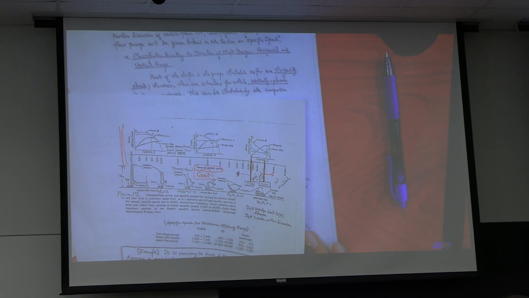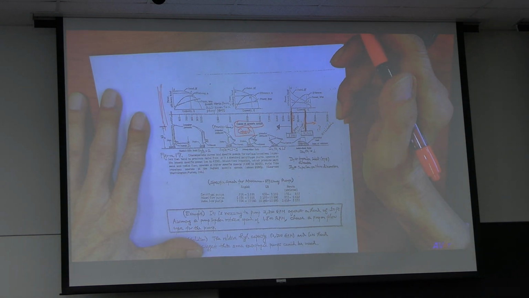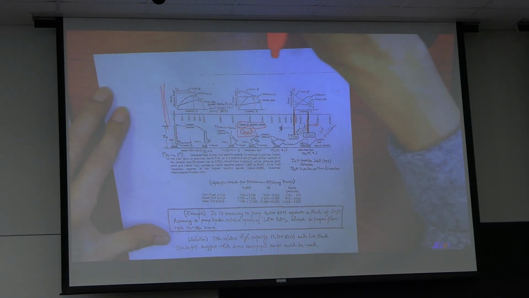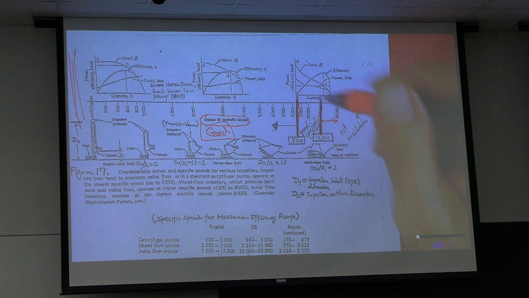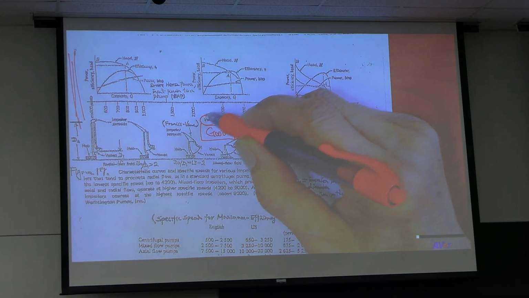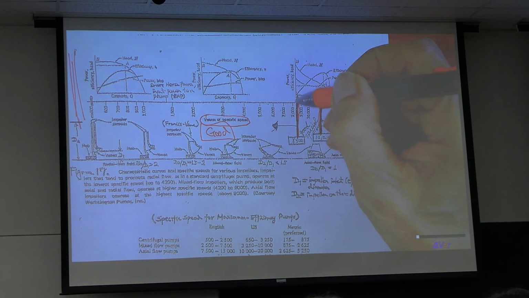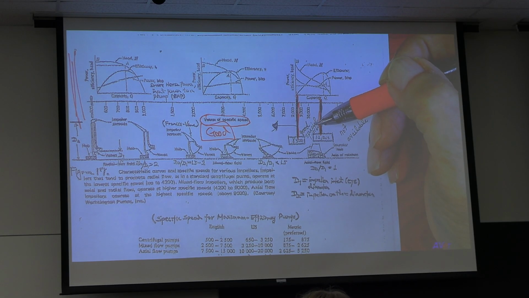Page 297. On the top, you see a plot. Let me enlarge it. Value of specific speed smaller than 8,500, you can buy those pumps from vendor.